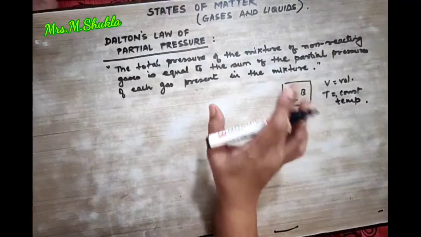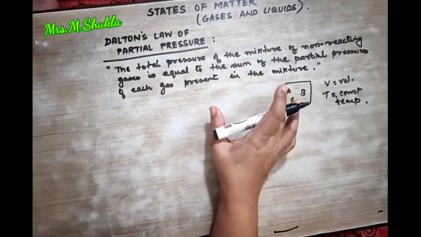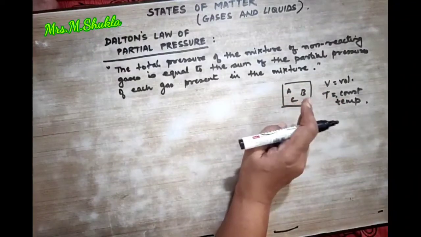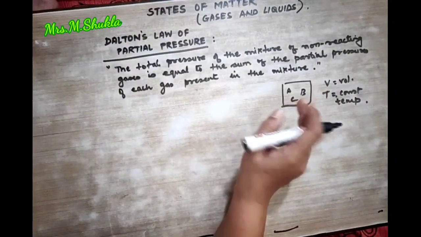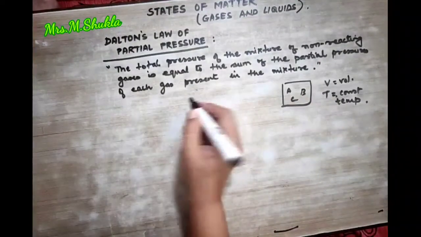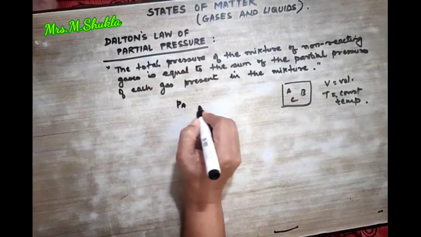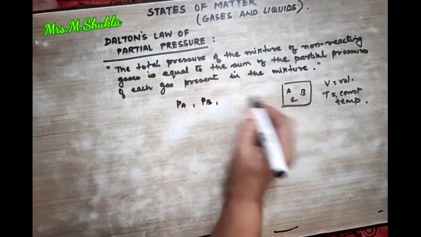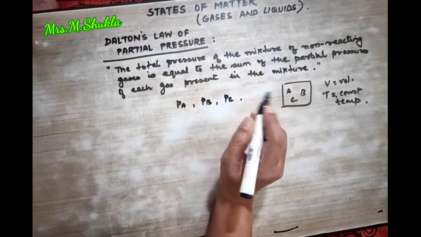Now let us suppose that the partial pressures of these three non-reacting gases are PA for gas A, PB for gas B, and PC for gas C.